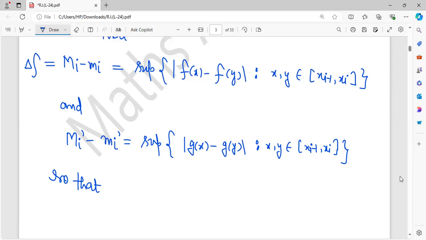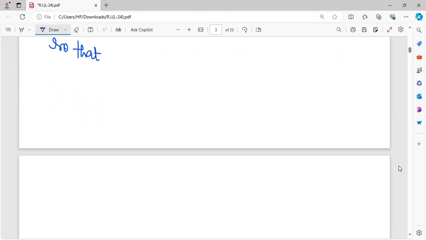This is delta fi and this is delta gi. So that |f(x) minus f(xi)| is less than or equal to delta fi, because delta fi is the supremum of |f(x) minus f(y)|.